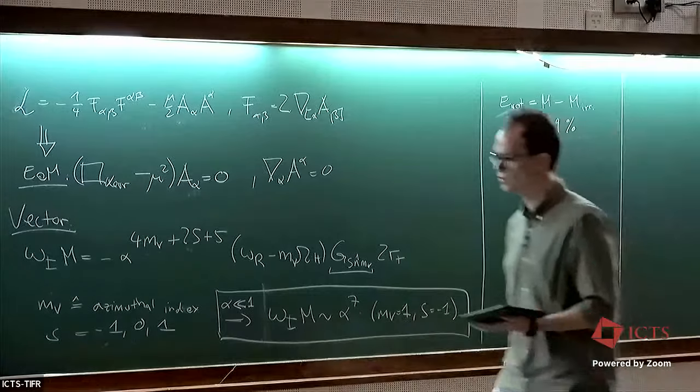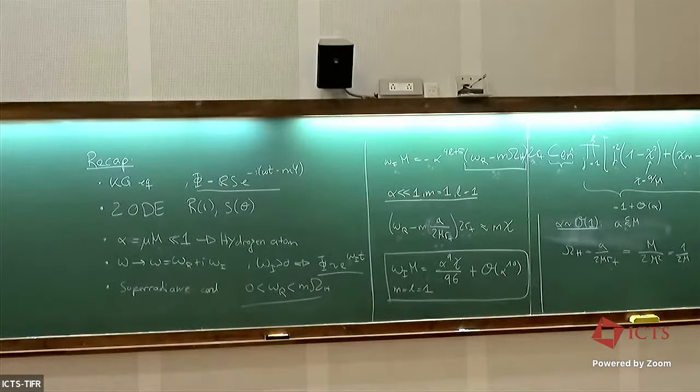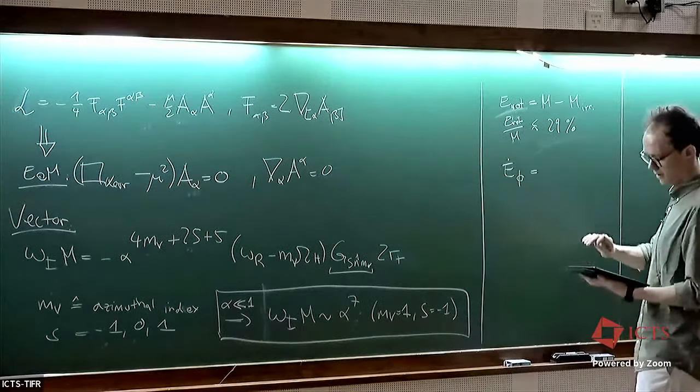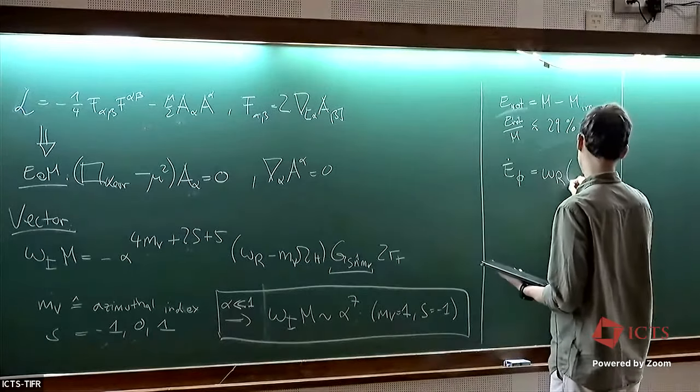So assuming the scalar field has this particular form, you can then write down the following equation to figure out what the flux of energy through the horizon is. And it basically looks something like this.